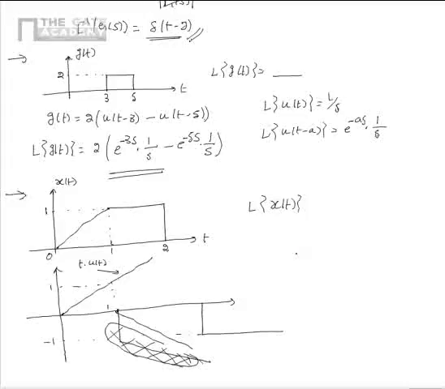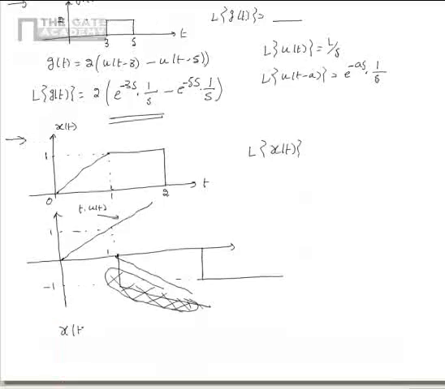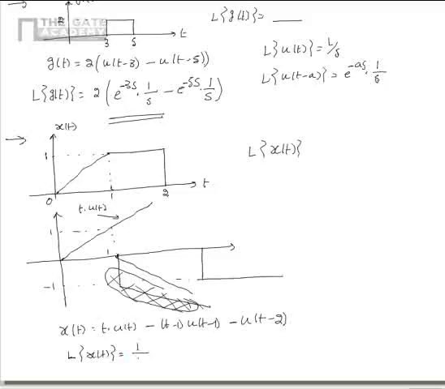So from this we can write x of t as x of t is equal to t into u of t minus t minus 1 multiplied by u of t minus 1 minus u of t minus 2. So from this we can write Laplace transform of x of t as 1 by s square minus e power minus s divided by s square minus e power minus 2s divided by s.